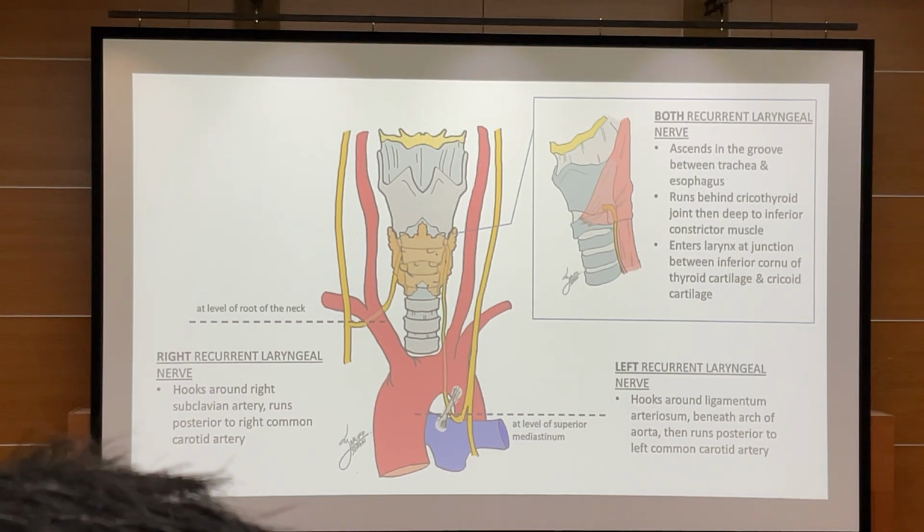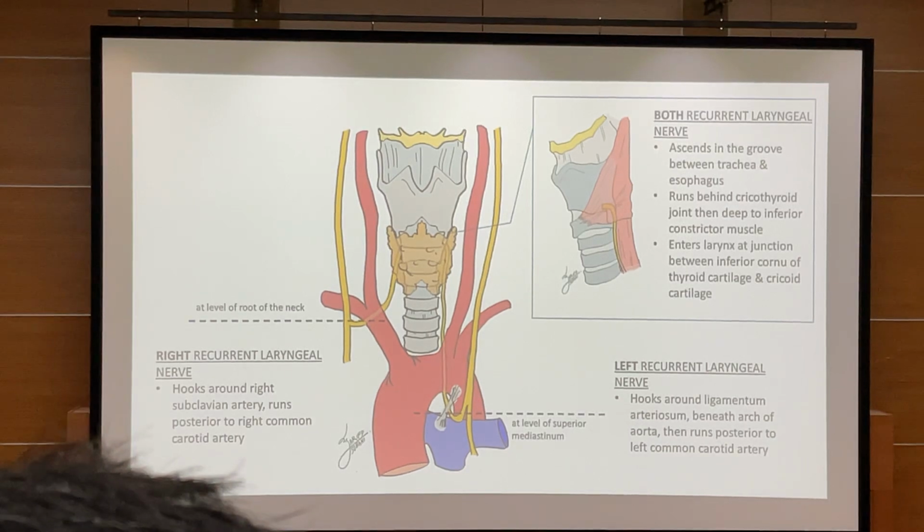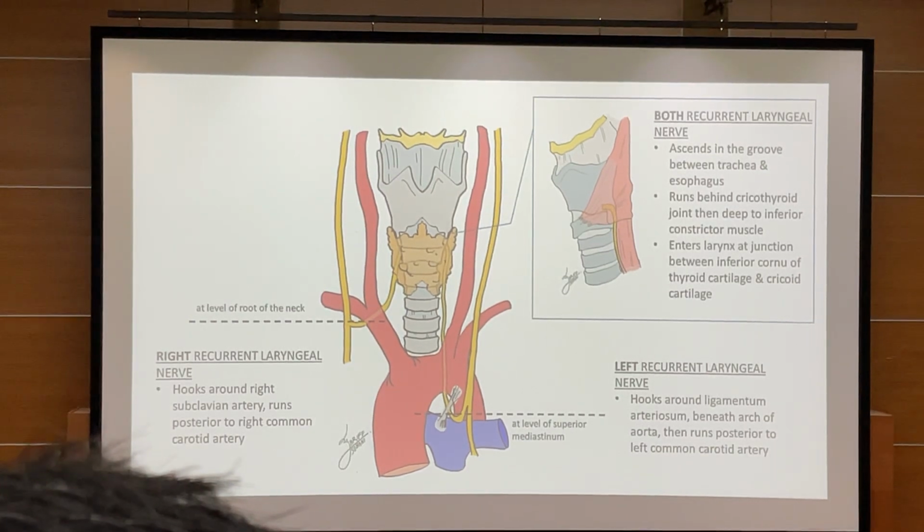The right recurrent laryngeal nerve hooks around the right subclavian artery, and it runs posterior to the right common carotid artery, and then it ascends in the groove of the trachea and esophagus, runs behind the cricothyroid joint, then deep into the inferior constrictor muscle. It enters the larynx between the inferior cornu of the thyroid cartilage and the cricoid cartilage.